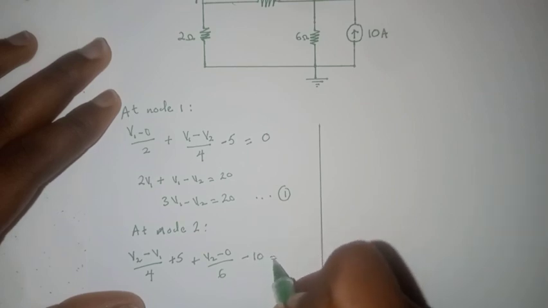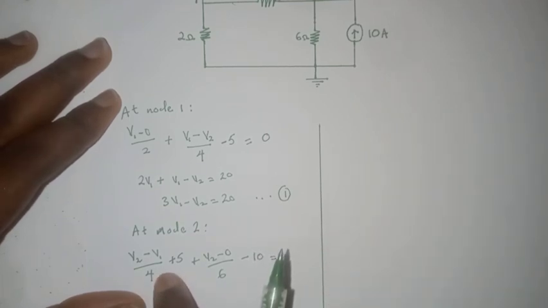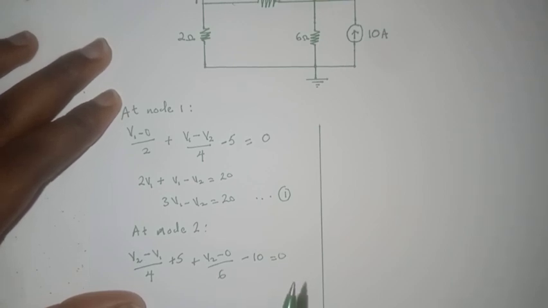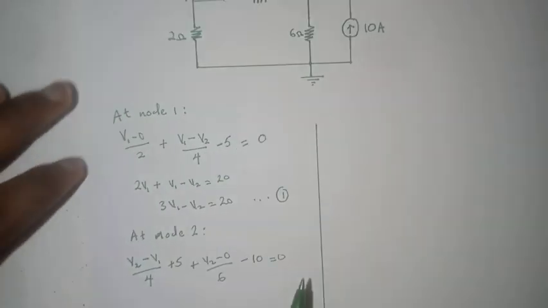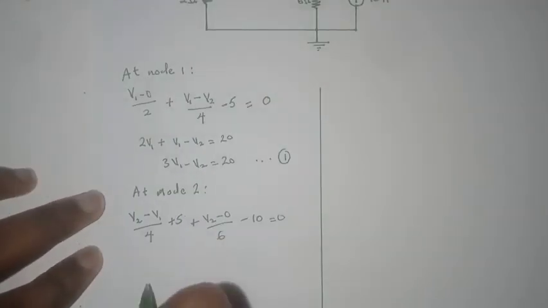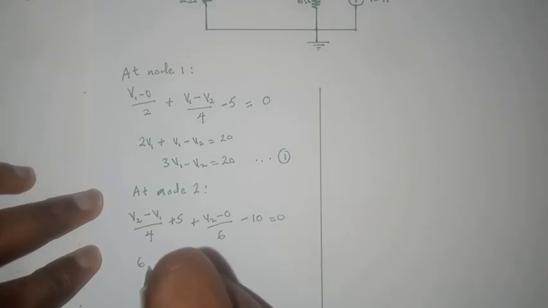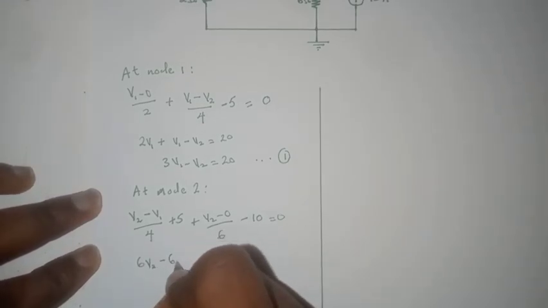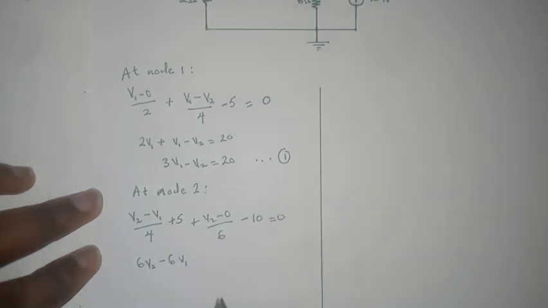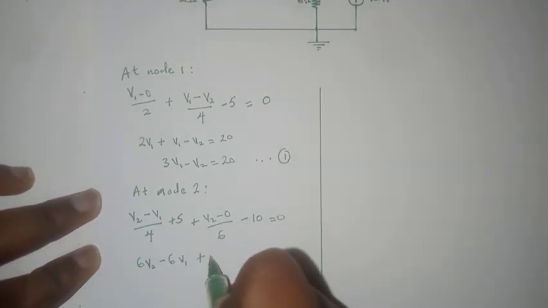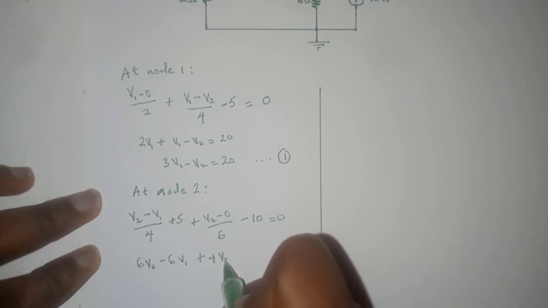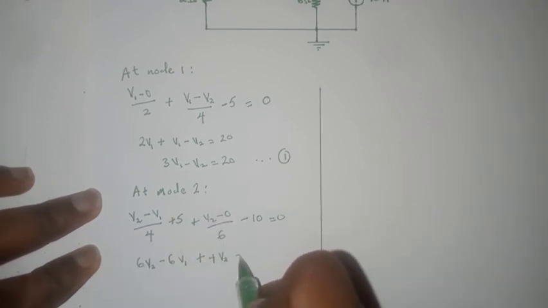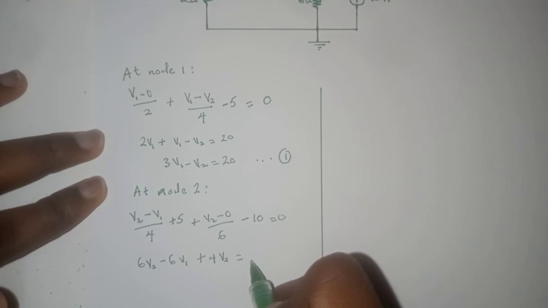Minus 10 equals 0. So we can multiply through by, say, 24. Then we would have 6V2 minus 6V1 plus 4V2 equals 120.